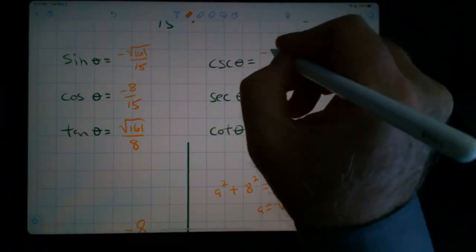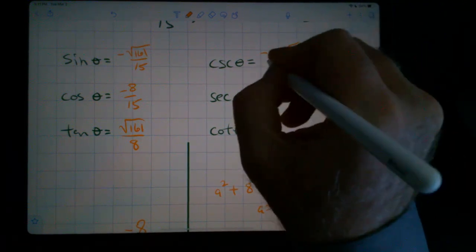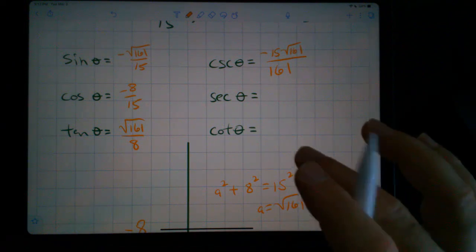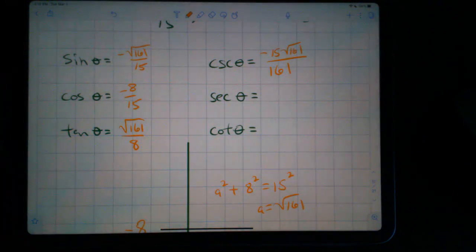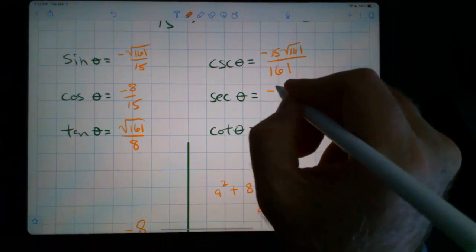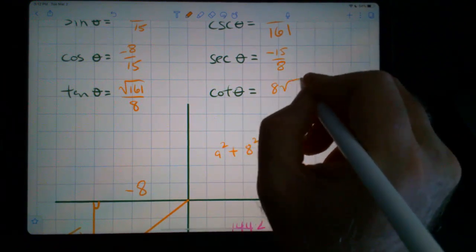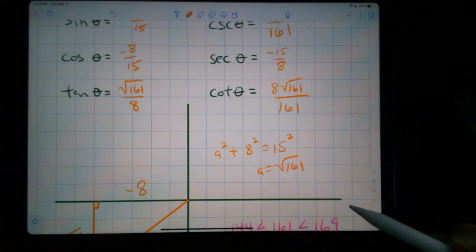So this will end up being... secant is the inverse of cosine, and cotangent is the inverse of tangent, which will become, when you rationalize the denominator, that's what's going to happen.